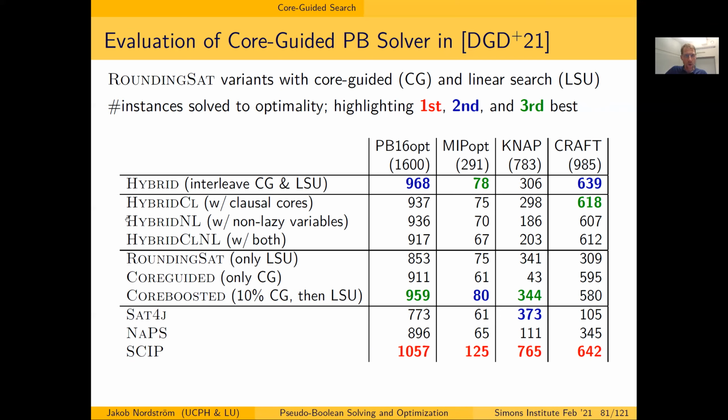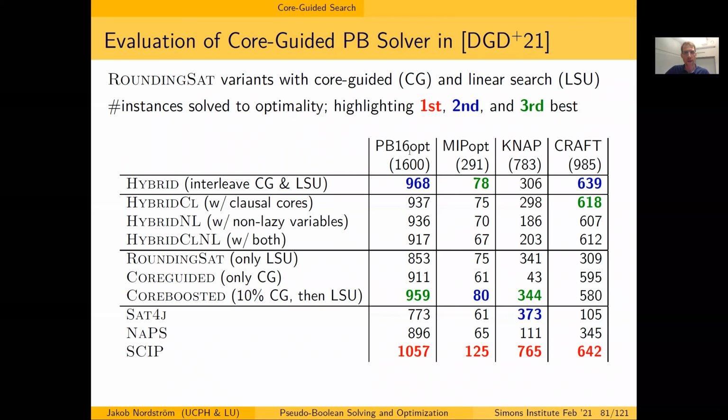So our favorite setting was the solver that dynamically interleaves core-guided search and linear search and switches back and forth. This was a competitive approach in general. So we ran it on the latest Pseudo-Boolean competition from 2016, the 16,000 competition benchmarks.